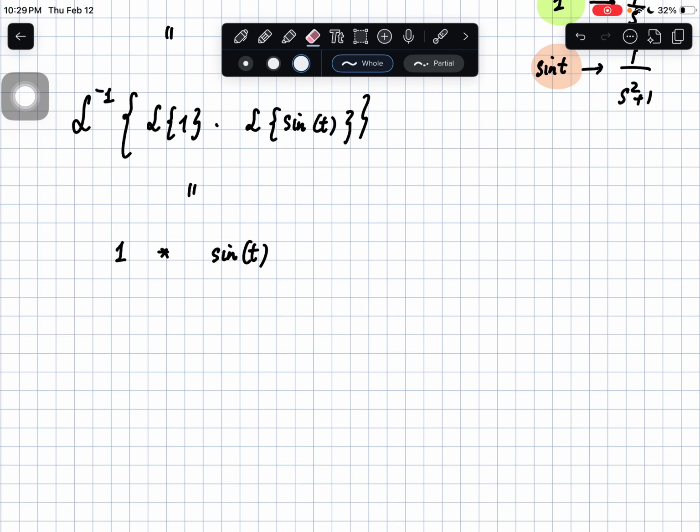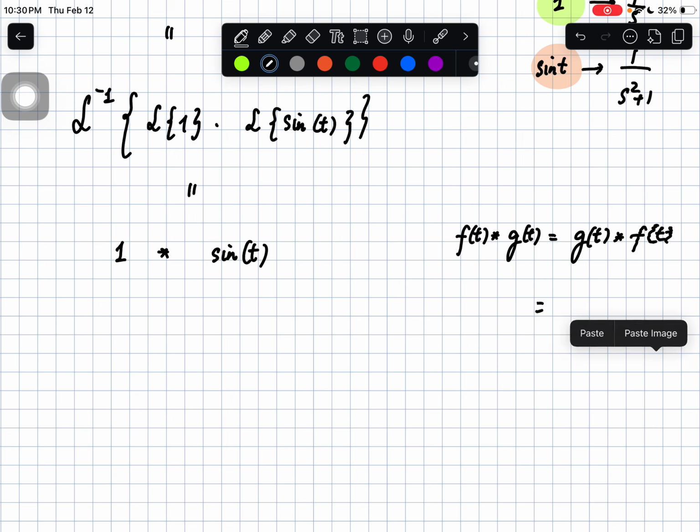Recall the definition of convolution. f(t) star g(t), which is commutative so equal to g(t) star f(t), equals the integral from 0 to t of f(tau) g(t minus tau) d tau.